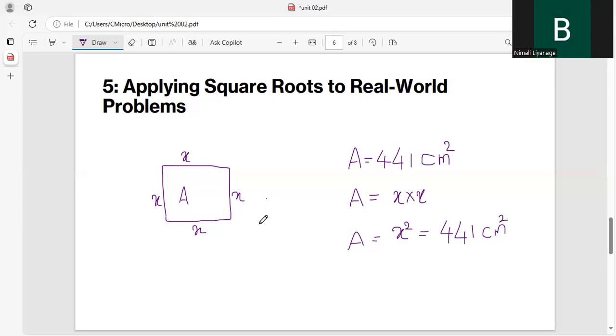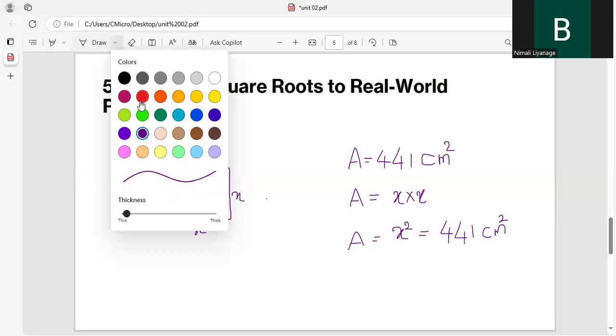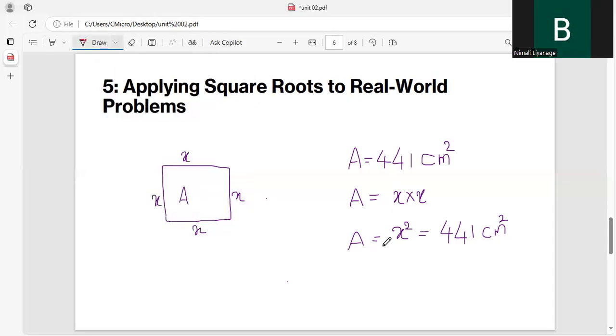Now we are going to find the square root of this. We take the square root of both sides. So shall we use the division method?